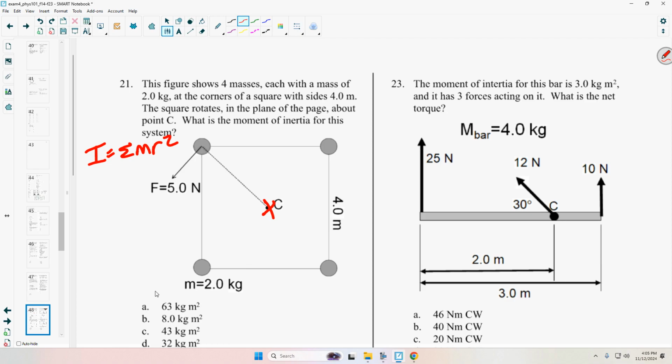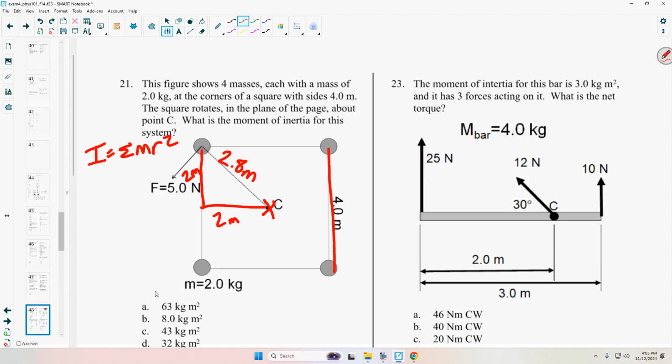So here I want to know the sum of mr squared. I don't give you r, so you have to figure that out by recognizing that this is an isosceles right triangle and that each of these sides is 2 meters, because the side of that square is 4 meters. So the hypotenuse is the square root of 2 squared plus 2 squared, that's the square root of 8, which is 2.8, so this is 2.8 meters.